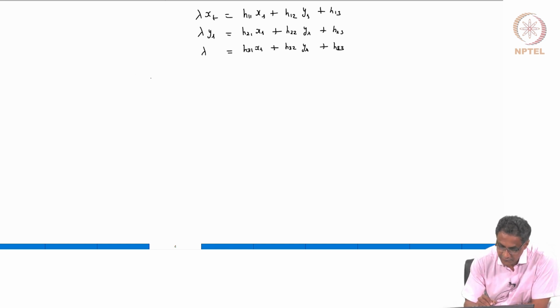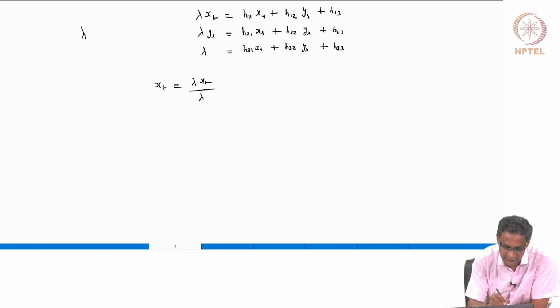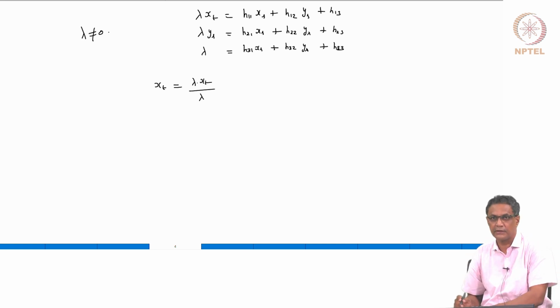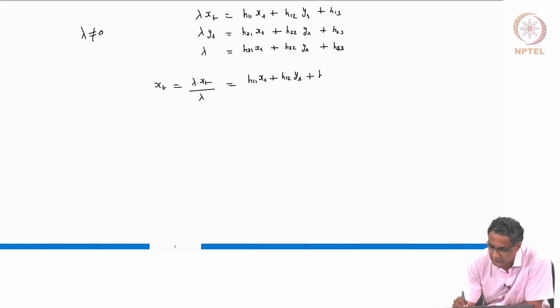Now if I want xt, I can get it as lambda xt by lambda, and of course, all of this lambda is assumed to be not equal to 0. So lambda xt by lambda is h11 xs plus h12 ys plus h13 by h31 xs plus h32 ys plus h33.